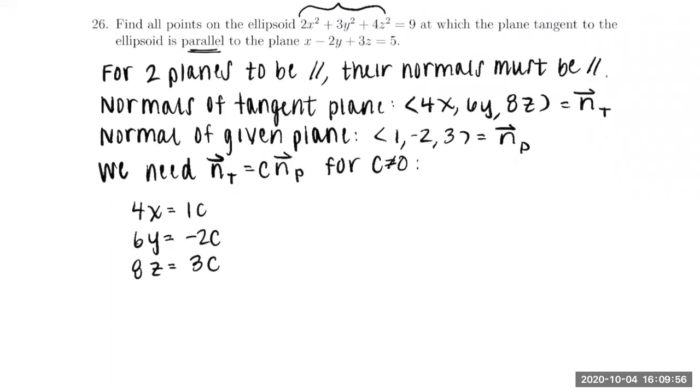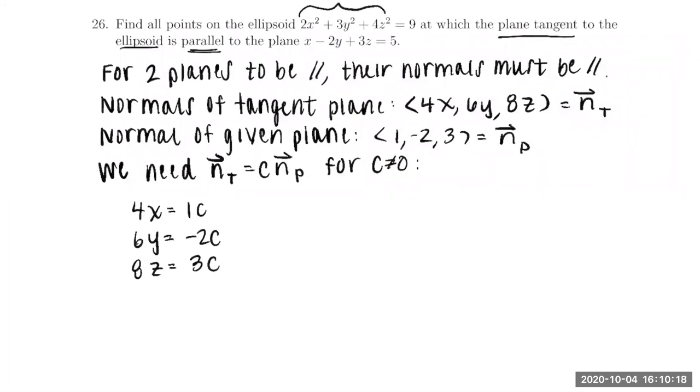All right. So what I have ensured is that the two normals that I care about are scalar multiples of one another. Now, right now I have 3 equations and 4 unknowns, so this is not a system that I can solve. So I need to utilize one more equation. And remember, I'm finding a plane that is tangent to the ellipsoid.